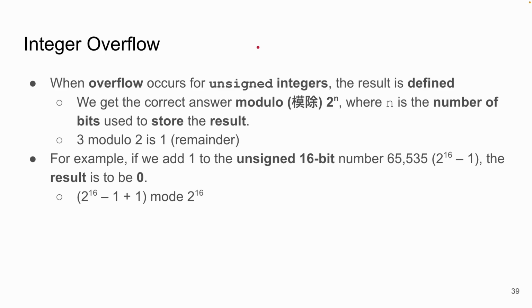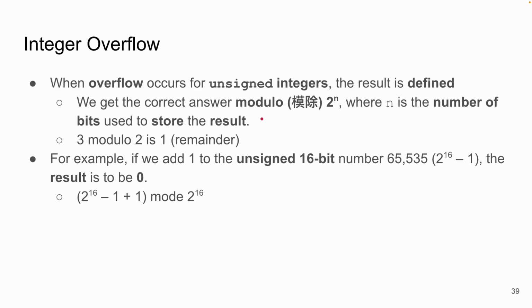How about for the unsigned integer? If integer overflow happens for an unsigned integer, the result is actually defined, so it will not cause undefined behavior. What happens is that we get the correct answer modulo 2 to the power of n, where n represents the number of bits used to store the result.